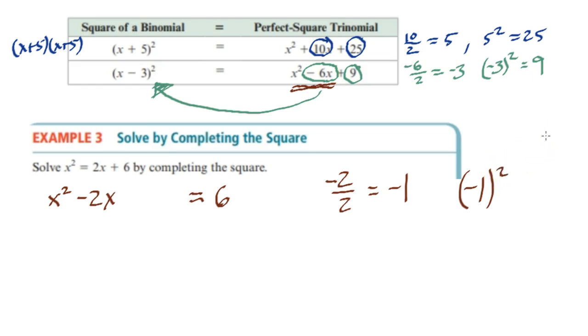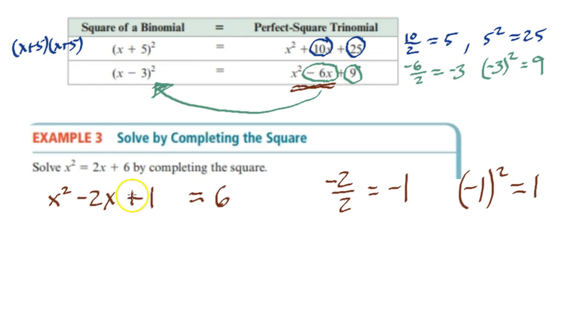And then we took that result and we squared it, similar to the 5 and the -3, which was the result of dividing by 2. We squared those two numbers. That gives us +1. -1 squared is 1. So if we were to add 1 right here, we would have a perfect square trinomial. Okay, but we can't just add 1 because that changes the entire equation.